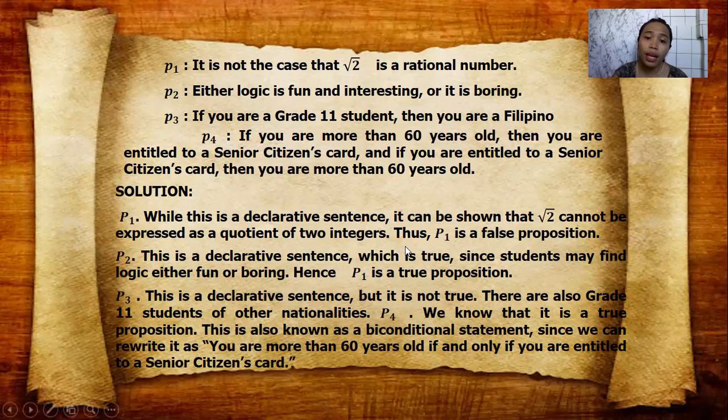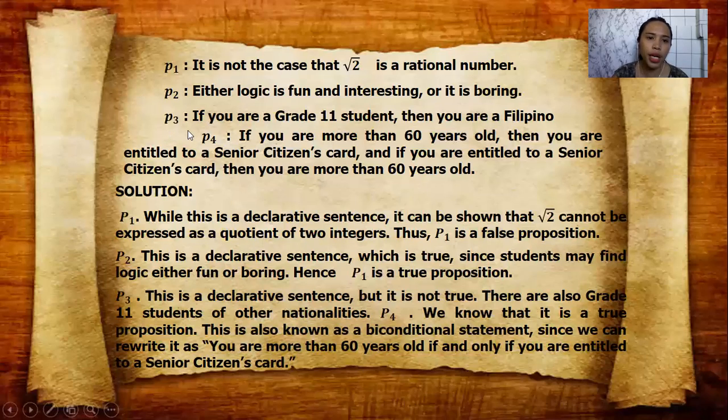The truth value of this is true. Why? Because it is true that students may find logic either fun or boring. We have seen that some students like logic, while others do not. So that is correct. Therefore, your P sub 2 is a true proposition.